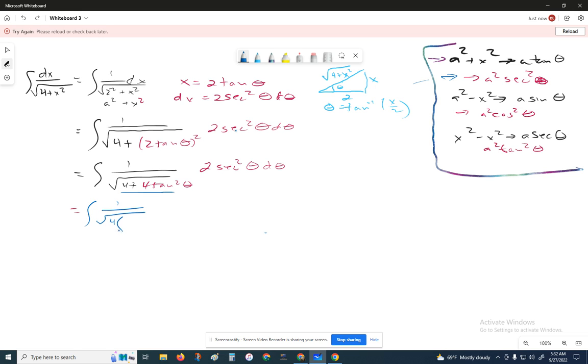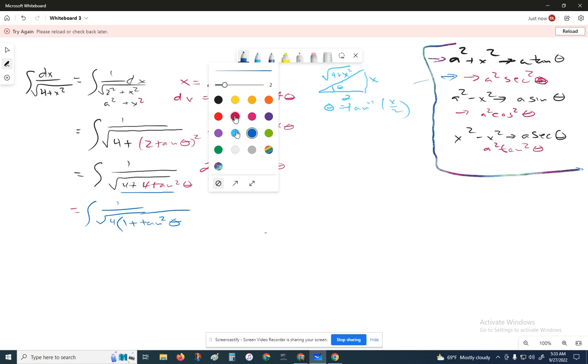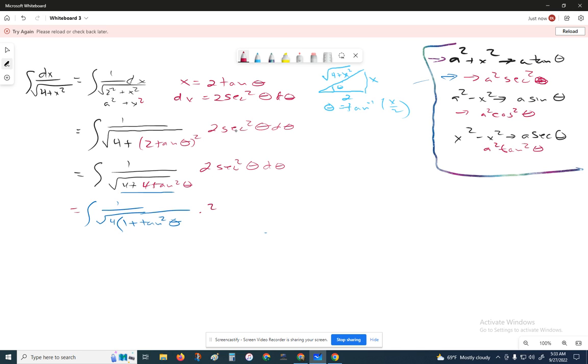These are all the long steps of 1 plus tangent squared theta, because I factored my 4 out, because what I want is an identity that gives me secant squared theta. That's my goal.